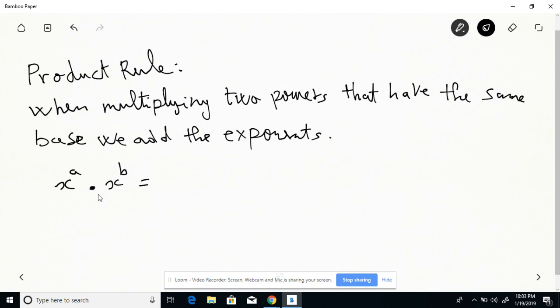When multiplying, this is the multiplication, two powers that have the same base. Here we have the same base, x. When multiplying two powers that have the same base, we add the exponents, which gives the result x to the power of a plus b.